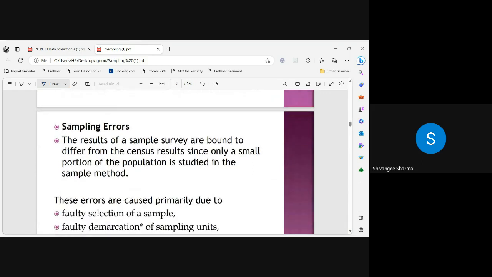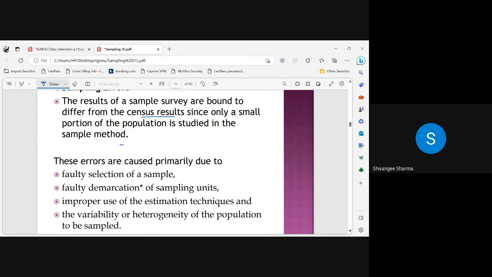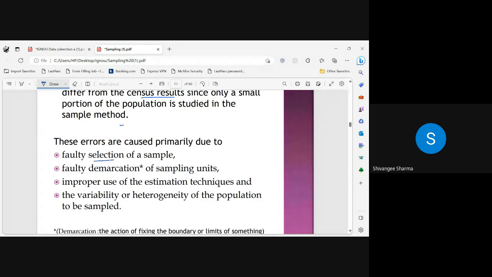Now, what is sampling error? The results of a sample survey are bound to differ from census results since only a small portion of the population is studied in the sample method. These errors are caused due to faulty selection of a sample.